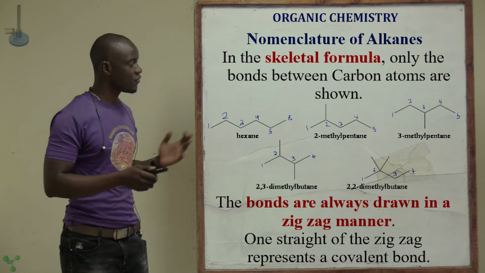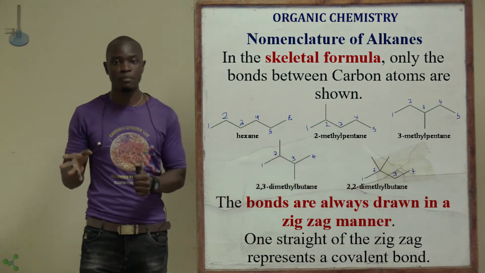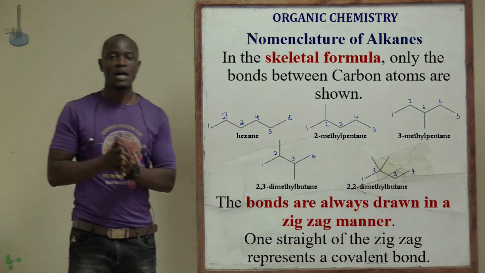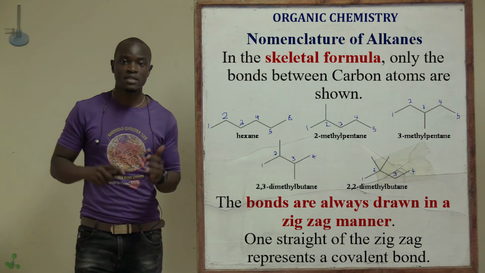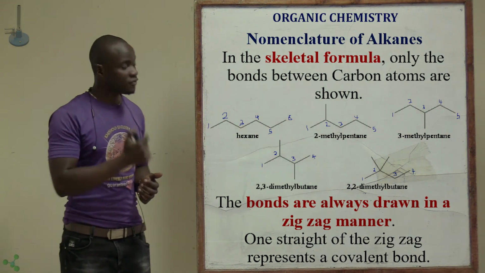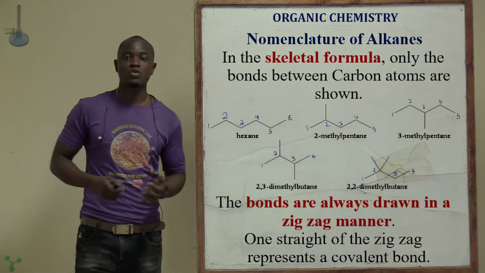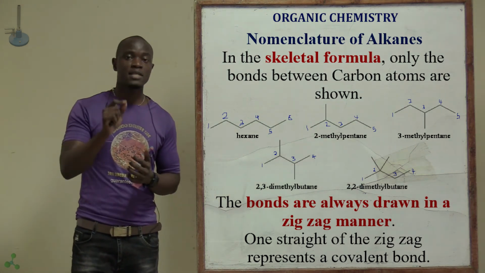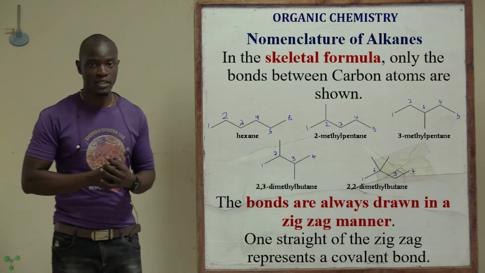For hexane, we only have 6 corners to represent the position of carbon atoms. We have 2-methylpentane. Take note of the longest carbon chain. We also have others like 2,2-dimethylbutane. So take note of the corners and the longest carbon chain, because that is the most important.